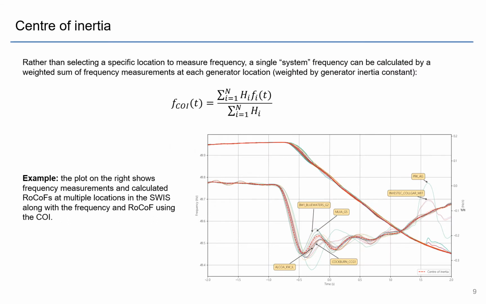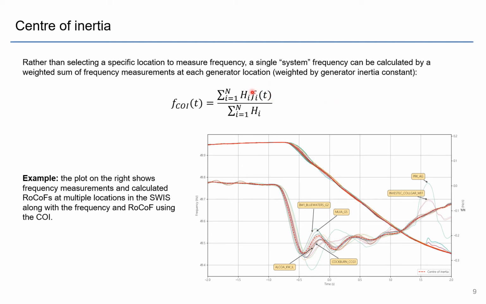Because of these locational variations in frequency measurement, rather than selecting a single location to measure frequency, a system frequency can be calculated by taking a weighted sum of frequency measurements at each generator location. These are weighted by the generator inertia constant, H, and this is called the center of inertia frequency.